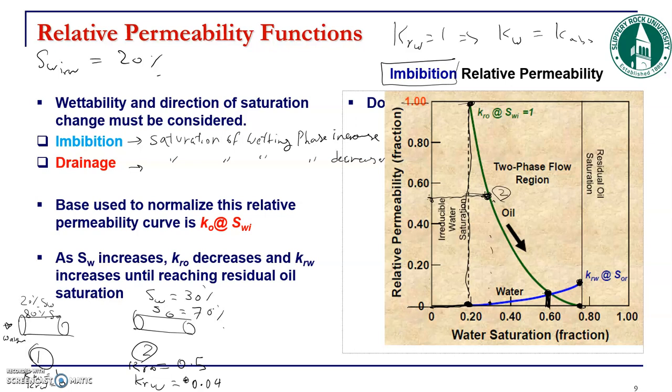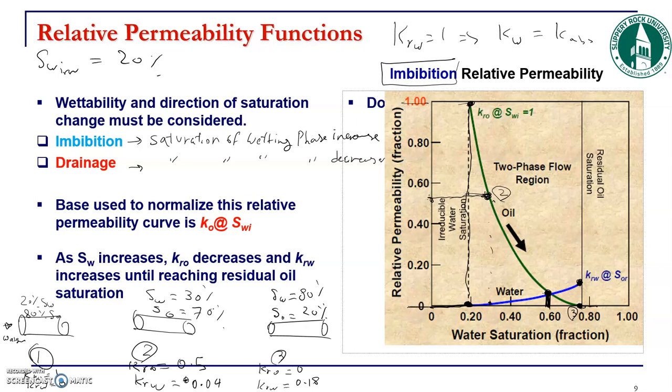And what happens to the relative permeability of the oil? Let's say this is 0.3, right? At this point, the relative permeability of oil becomes 0. The relative permeability of water becomes around maybe 18% or 15%, I don't know. And now you have a core sample which has 80% water and 20% oil.